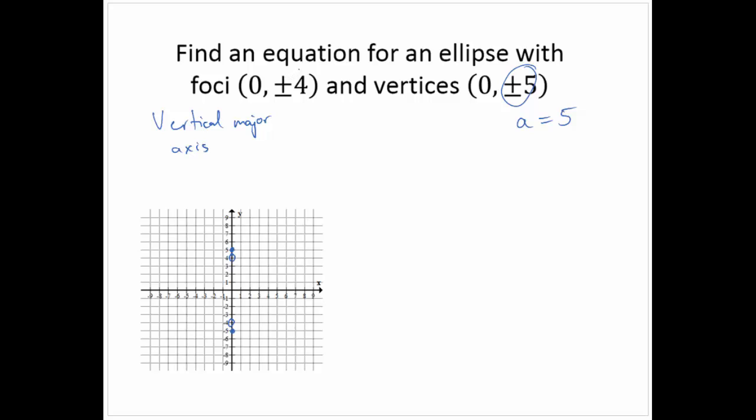With foci at plus or minus 4, that tells me that the c value is 4.